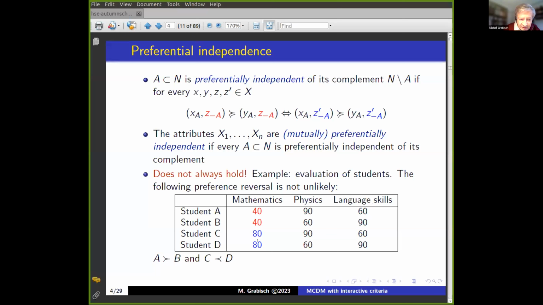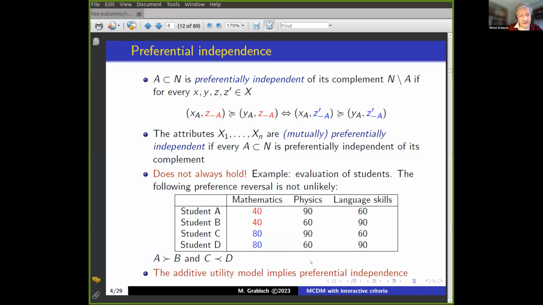And so you may say that student D is finally better than student C. This example cannot be modeled via an additive utility model. Okay, so we will take this example later and solve it with our tools.